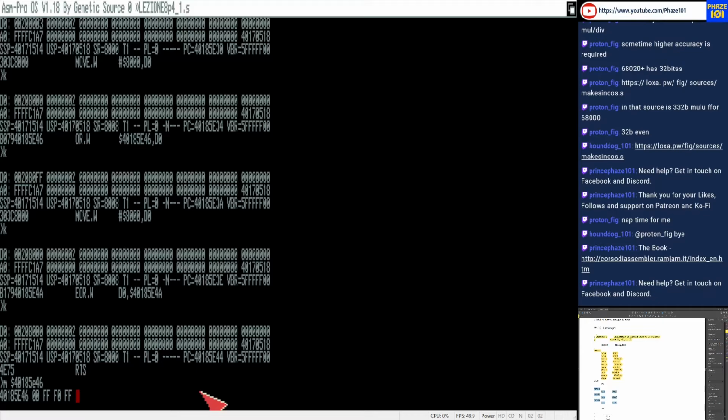The first one is data 1, which is 00FF. The second one is data 2, which is F0FF. And now data 3 should be 0. It's 40. Sorry, it's 40. So the XOR of that is 40. We XORed 8,000 with C000. So yes, actually it does make sense. It's 40. It's like the difference between both.